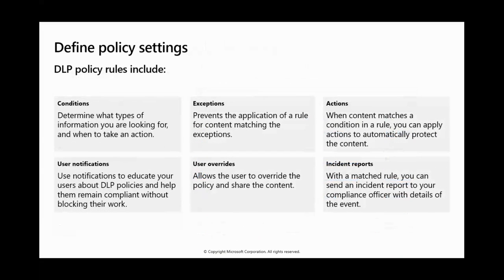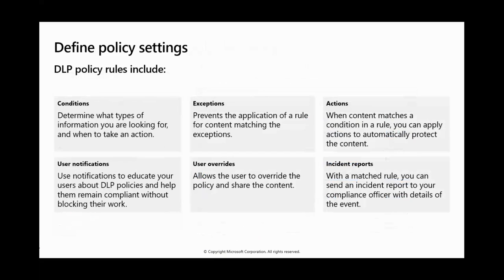Then remember that we can choose the condition that must be matched for a policy to be applied to an item, and the action to take when the policy conditions are met. You can see it right here, very straightforward, guys.